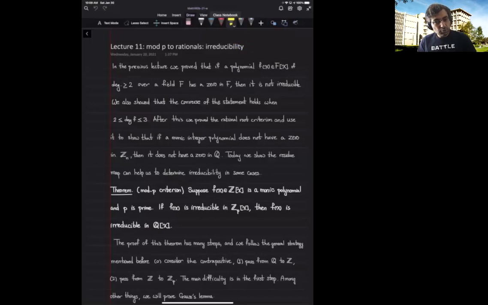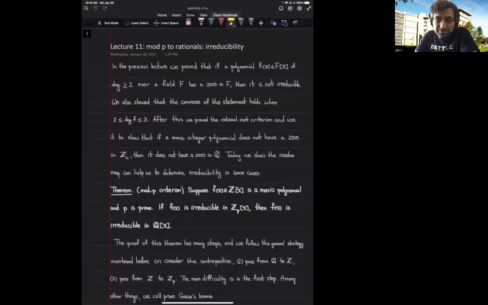This kind of residue map implying a result for Q, sometimes we call it a local to global type of result. There are many results of this type in algebra, and typically we start looking at the contrapositive.